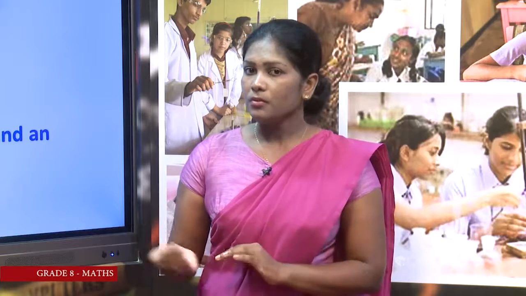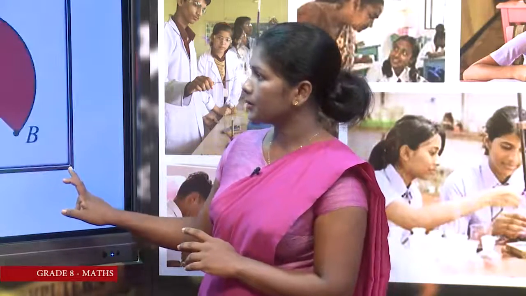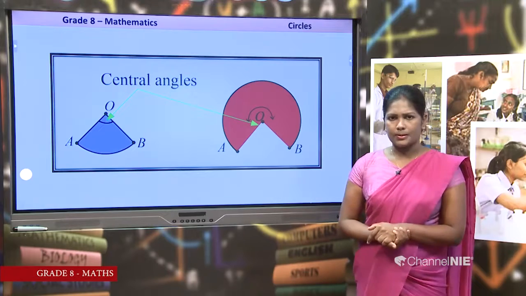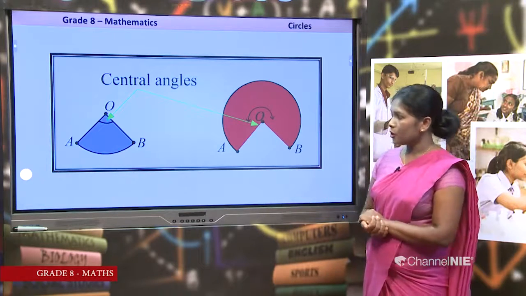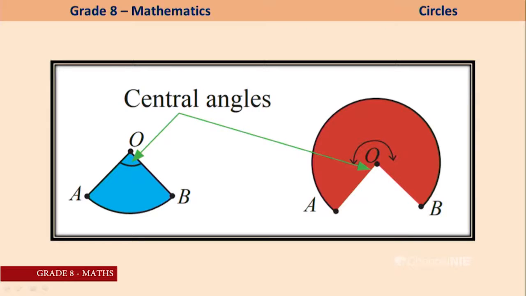So now we talk about central angles. What is this? Look at the diagram. You know the sector. There are 2 sectors, blue one and red one. Here there is an angle at the center. So we can call that angle a central angle.